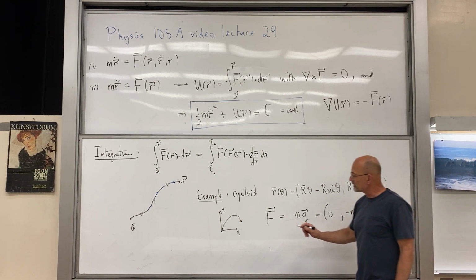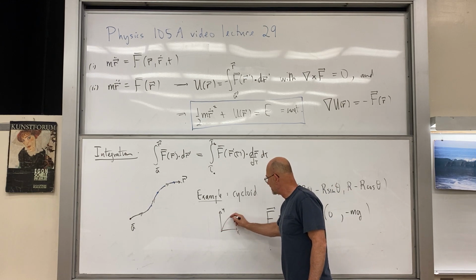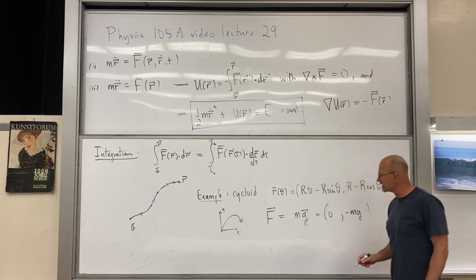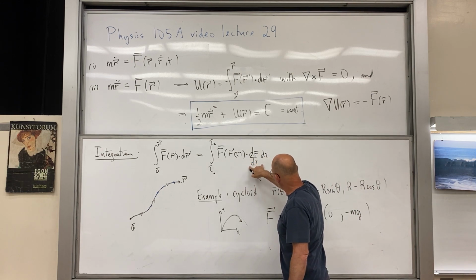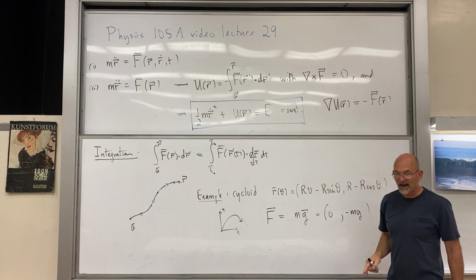And if we had to do an integration with the dot product of this, so it would be the dot product of F dotted into dr d tau, right?